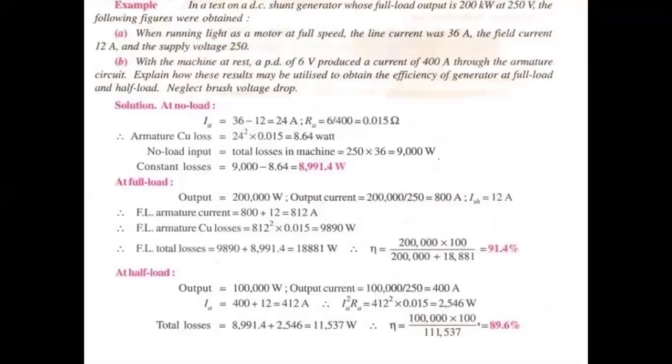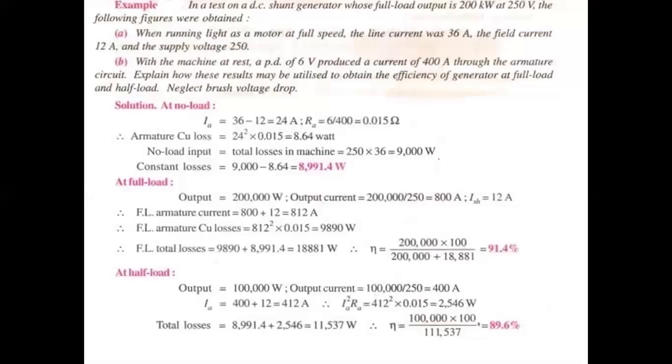The line current was 36 amperes, the field current 12 amperes, and the supply voltage is 250 volts. With the machine at rest, a potential difference of 6 volts produced a current of 400 amperes through the armature circuit. Explain how these results may be utilized to obtain the efficiency of a generator at full load and half load. Neglect brush voltage drop.